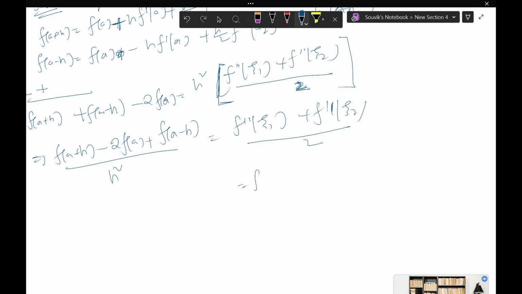This is nothing but f double dash of c by using the intermediate value theorem.